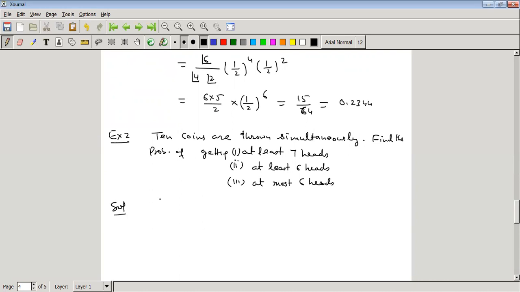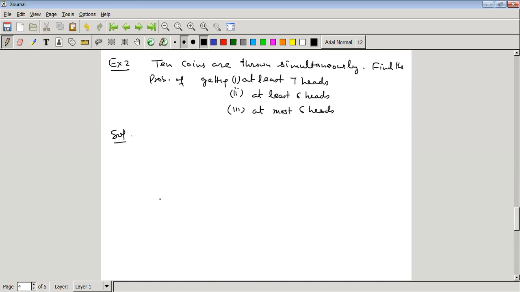Again we have coins. The number of coins thrown is 10, so the number is finite and we can use the binomial distribution.